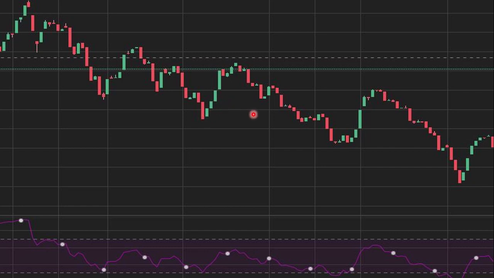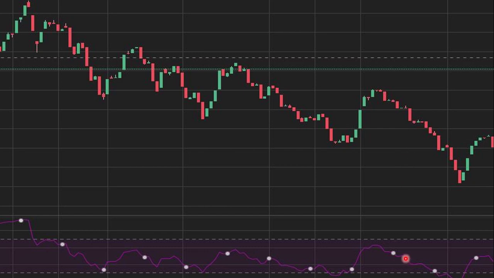And at around this point, the indicator once more gives us a selling signal, and you can see until here we could stay in that position and take profit from this price movement.